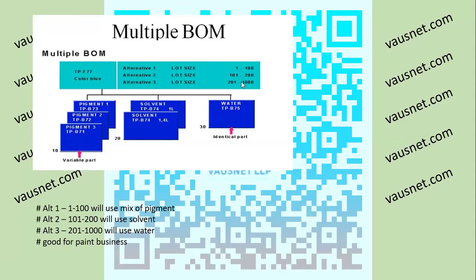But if you're going for a bigger quantity, then a water-based solution will be used to create that paint. So that is multiple BOM, that for your production facility or your quantity, you can change the components based on potency, based on the output, and based on the quantity. You can change and modify the use of material parts. So that is how you can use multiple BOMs.